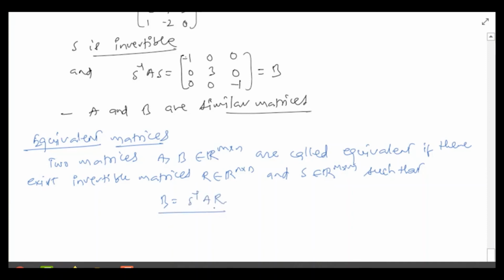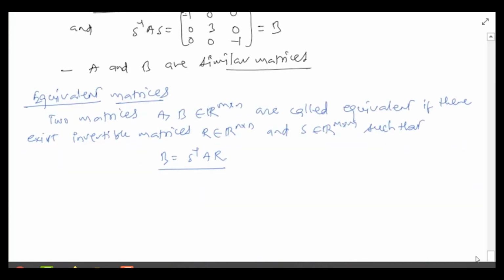Having defined these notions of equivalent and similar matrices, now we are ready to state the property that determinants hold for similar matrices. Actually, similar matrices have the same determinants. So this is the next property.